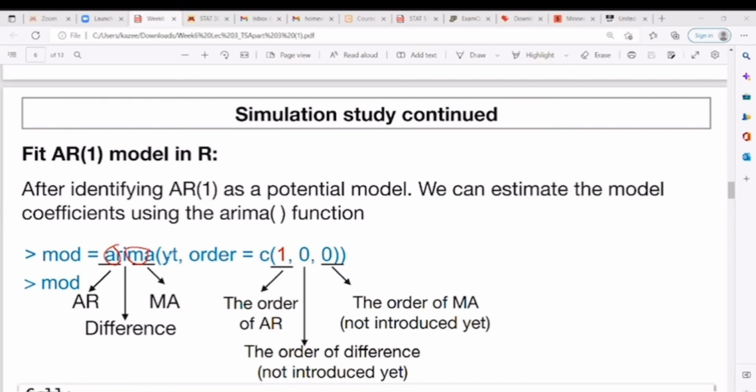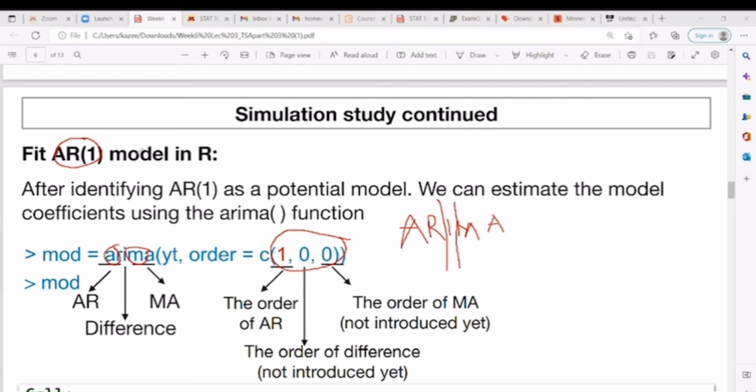But when I want to do AR1, it means ARIMA 1, 0, 0. Like I said, ARIMA can be split. I can split that into AR, differencing, and MA.